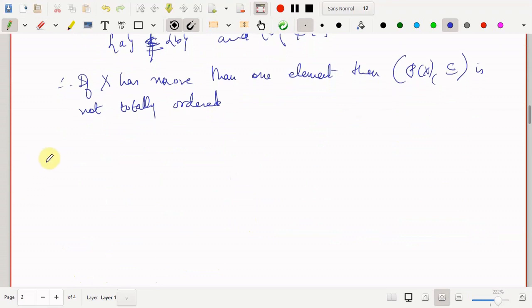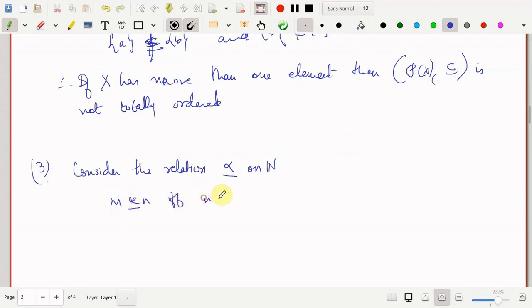Okay, the next relation we can consider is on N. We define it as: m is related to n if and only if n is a multiple of m.